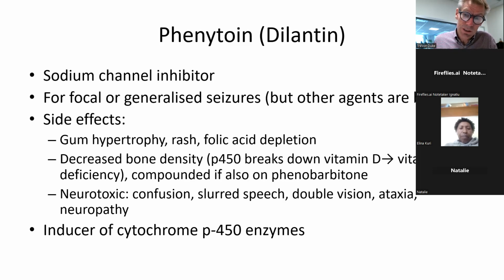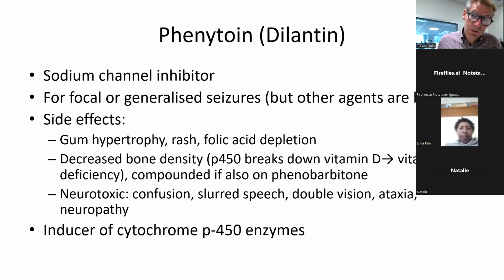So children need to be on folic acid supplements if they're on phenytoin, and they should be on vitamin D supplements. A bit like if they're on phenobarbital, they need to be on vitamin D supplements if you can. It's not neurotoxic usually, but if a child has an overdose of phenytoin, then they will have often confusion or slurred speech or double vision, ataxia.